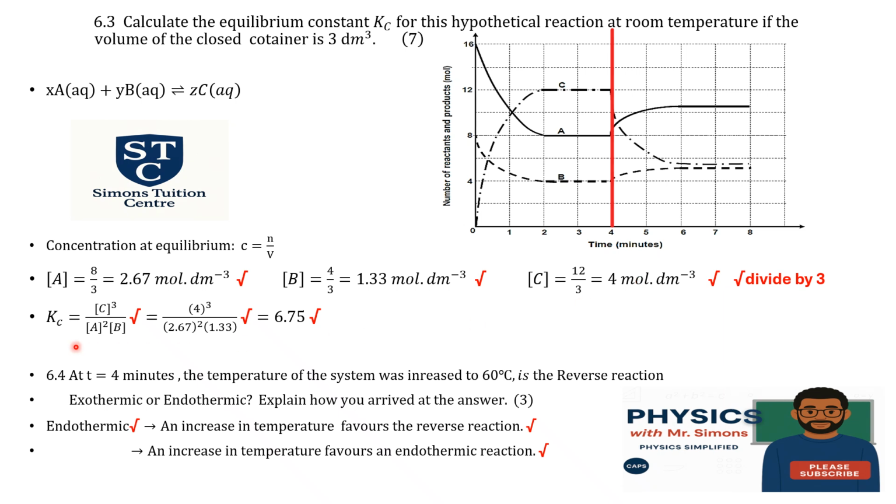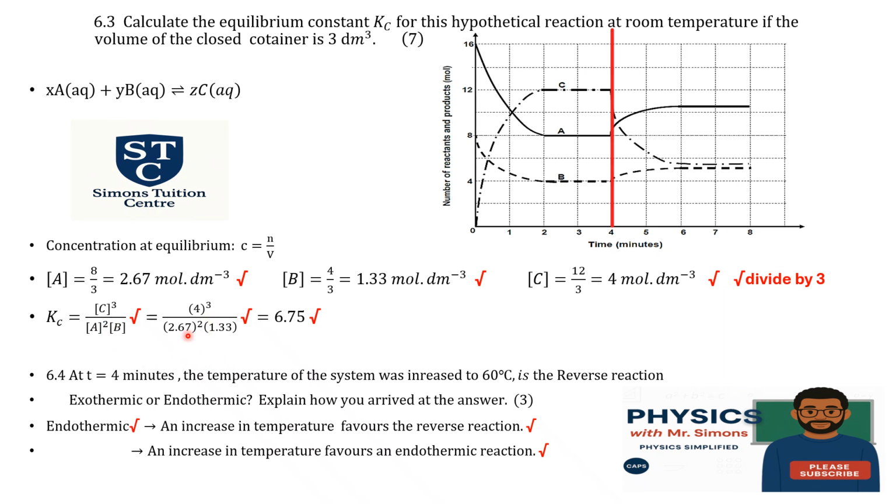I assume you remember Kc equals the concentration of my products divided by the concentration of my reactants, right? So we know according to what we found previously, that's 2A, so therefore that would become A squared. That was 1B, so it stays B. And for C there was 3C, so therefore C to the power 3. So C is 4 moles, so 4 cubed.